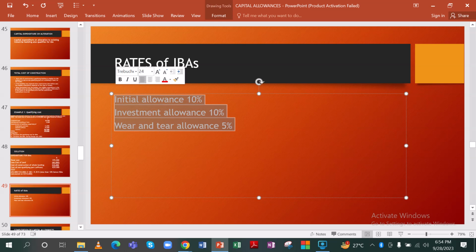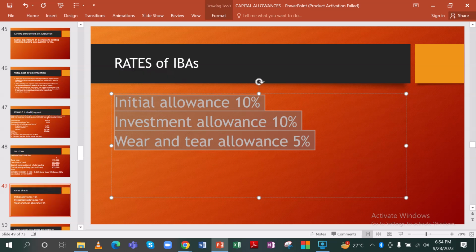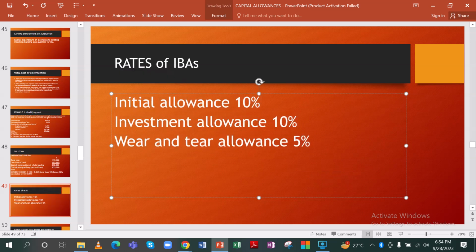Just to shed a bit of light on this, the first two, which are the initial allowance and the investment allowance, can only be claimed on qualifying costs in the first year of use of the building. So when the building is first commissioned, whoever starts using it, as the owner, is entitled to claim the initial allowance at 10% and the investment allowance.